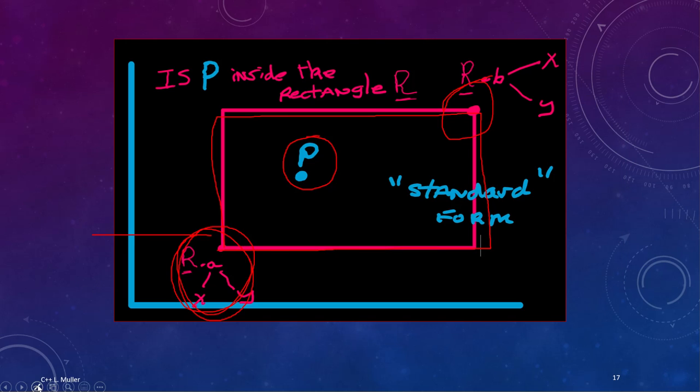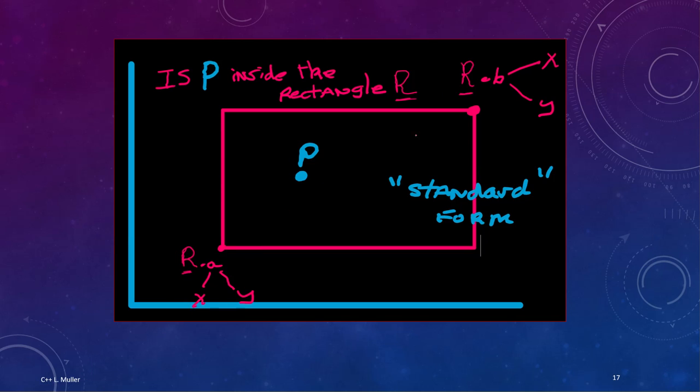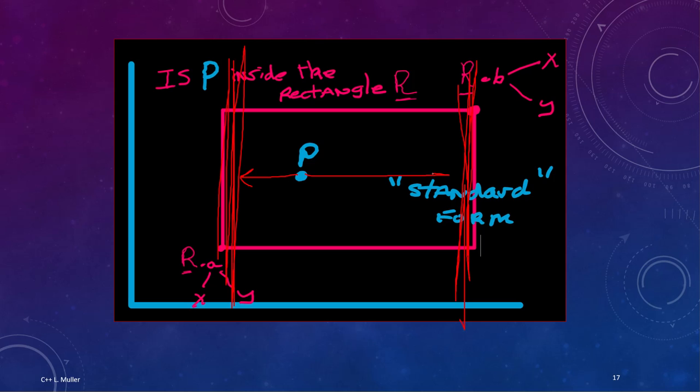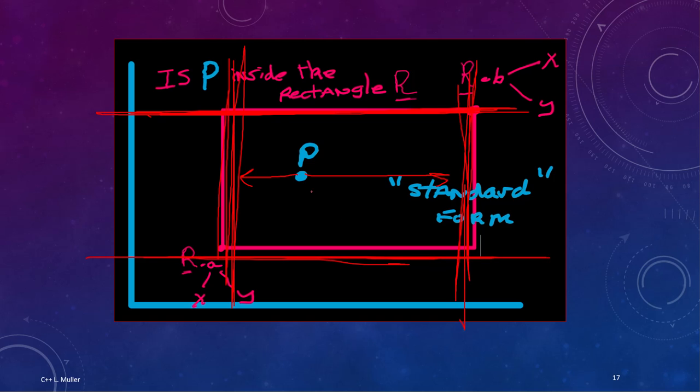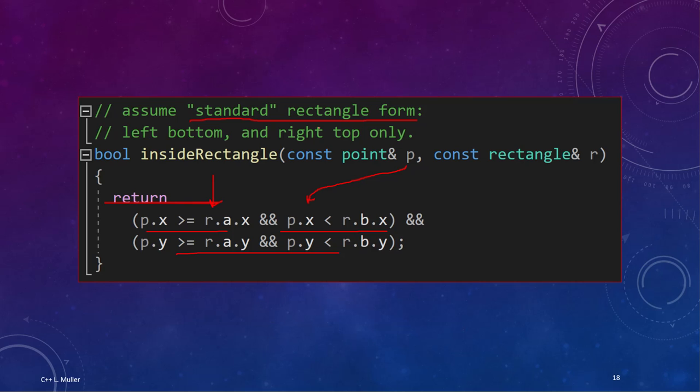If you go back here and you look at it, you can see that there's going to be an x this way. There'll be an x here. So you want to see if its x is right in the middle there. And then there's going to be a y up here. And there's going to be a y down here. And you check to see if these are also in those regions as well. That's why you see the ampersand sign here, the logical AND operation. Both conditions must be true. And I wrote it on 2 lines like this to make it obvious what I was doing.